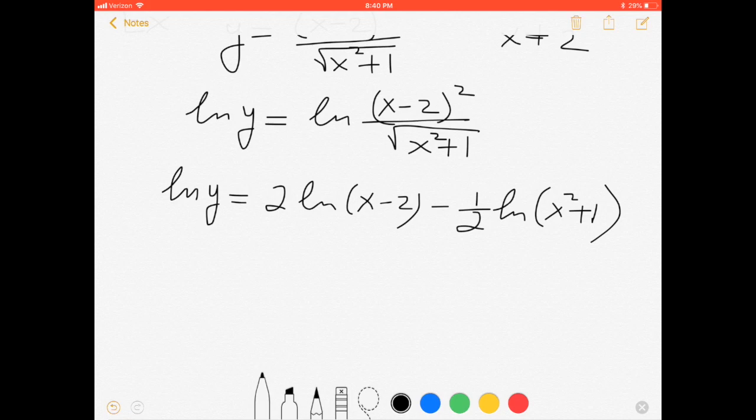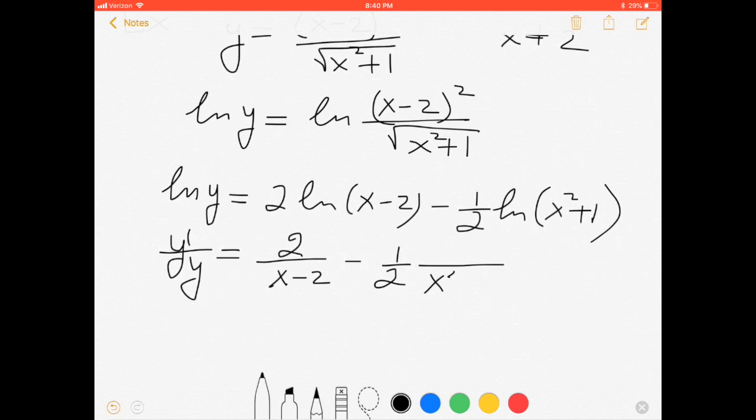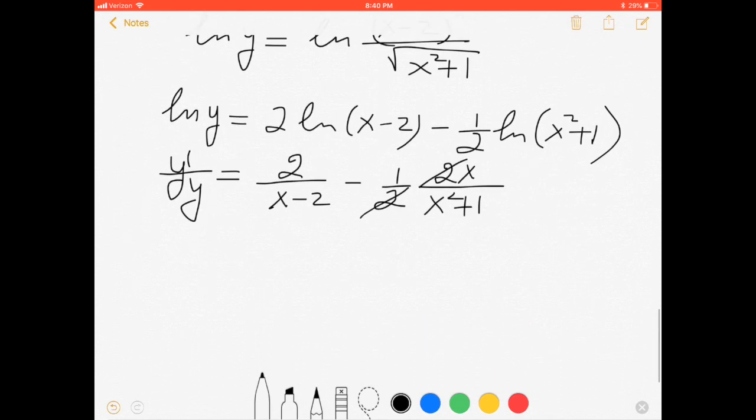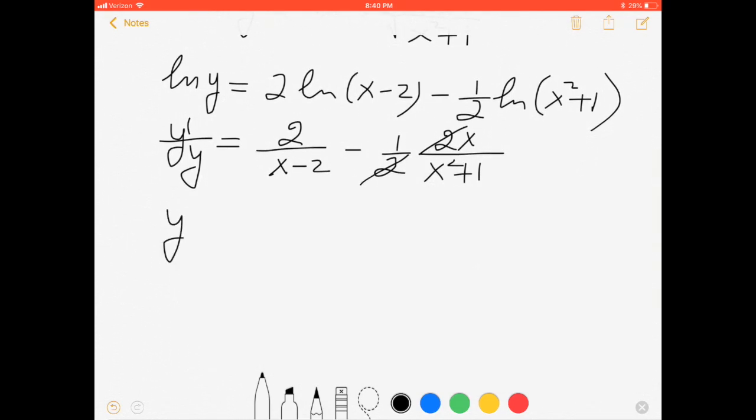And now, finding the derivative of this identity, I have y prime over y. It will be 2 over x minus 2 minus 1/2. The denominator will be x squared plus 1, the numerator will be 2x. This 2 and this 2 cancel. This means my derivative equals, I need to multiply both sides by y.